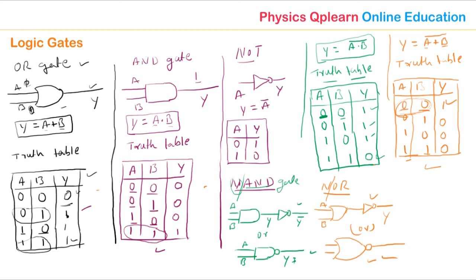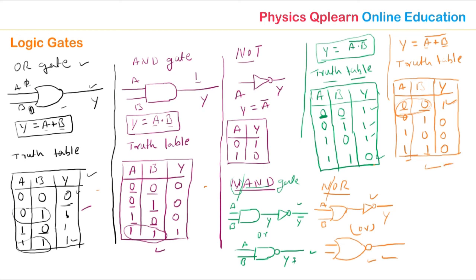Are you clear? The NOR gate output is high only when both the inputs are low, or else the output is low. So this is the NOR gate.